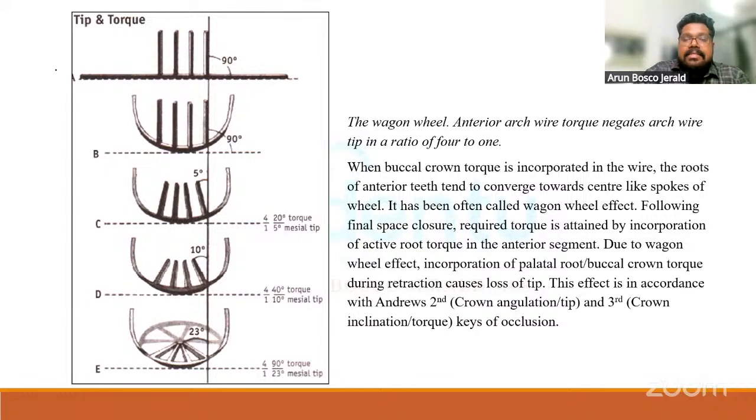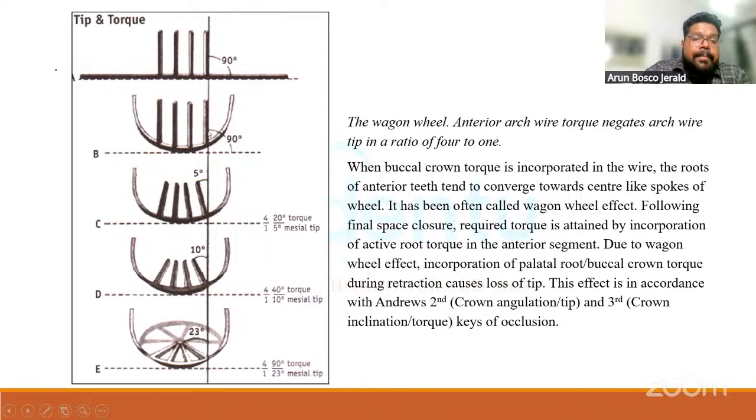Torque means, as I said earlier, the labiopalatal movement of the root. The mesiodistal movement of the crown is called the tip. See this image here, the arch form is made and there is no change in tip or torque. That means they are still perpendicular to the plane.